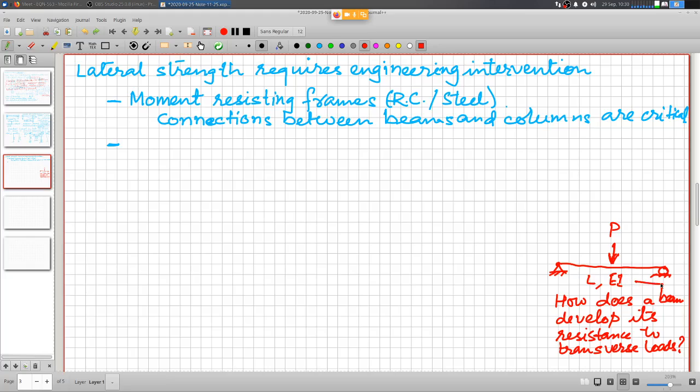Sir, it resists the load by bending action. Yes. So it will respond by this kind of deflected shape, right? So this is how it will deform, almost like a half sine wave.